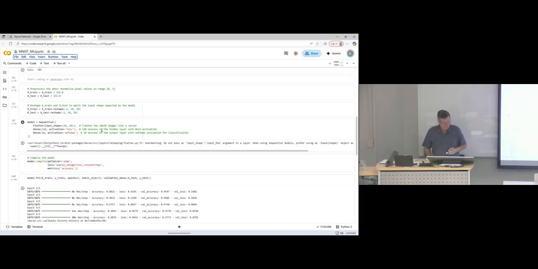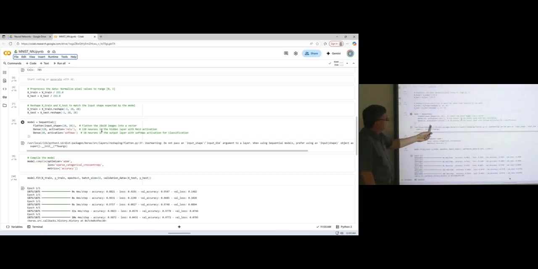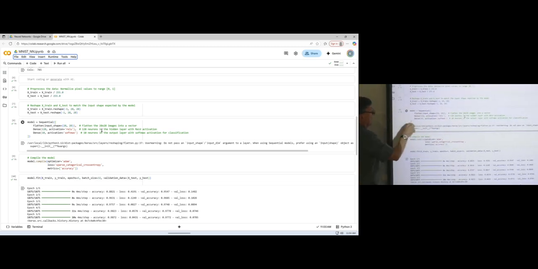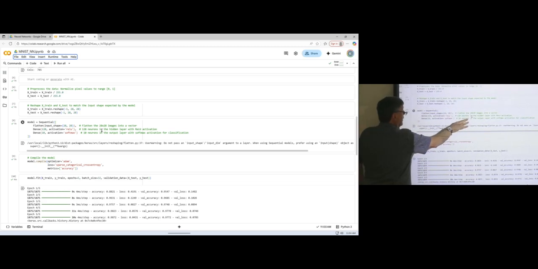I want you to realize it's the way you set this up. There's only 1 hidden layer. So you can easily just tell your neural network in the code, I want 2 or 3 hidden layers, and it'll go and do what you tell it to do.